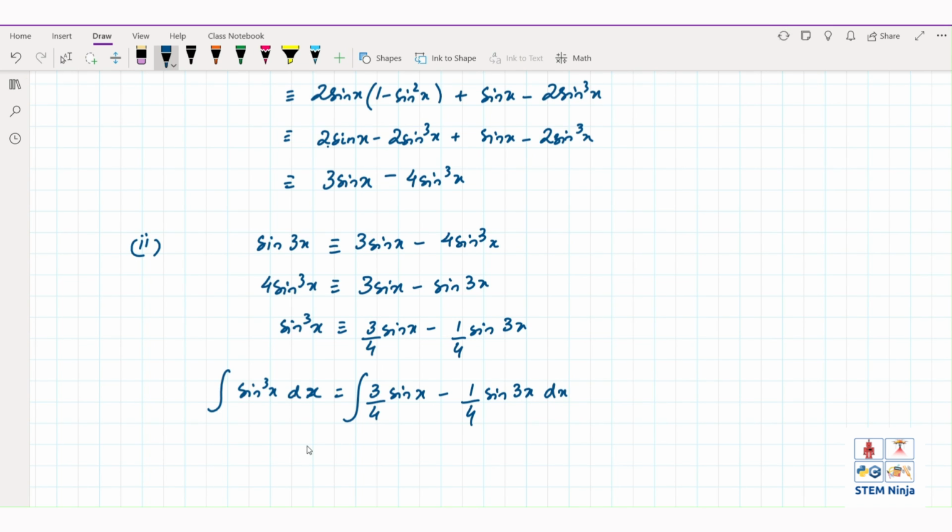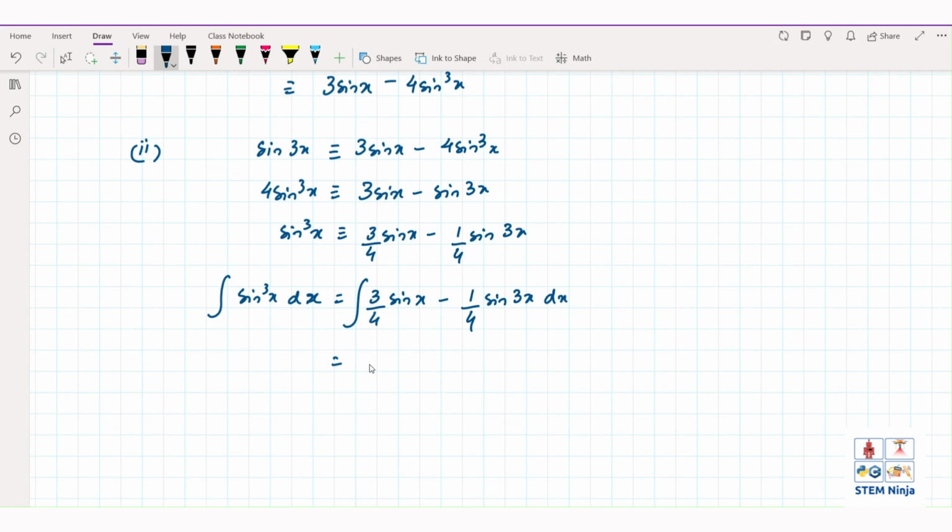dx. So the integral of sine is minus cos, so this becomes minus 3/4 cos of x. And again, you have minus, so minus minus will become plus 1/4 cos. Actually, let's keep the sign first.